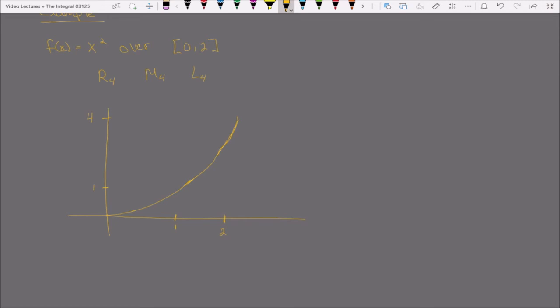Then what we're finding is we need to divide this into 4 subintervals, right? And that interval really does not look right, does it? Let's fix that. Let's make this point 1 instead.